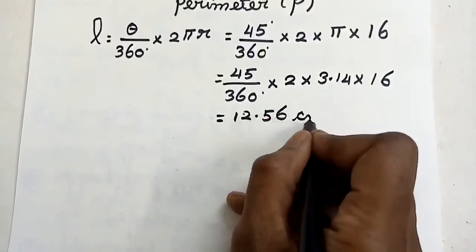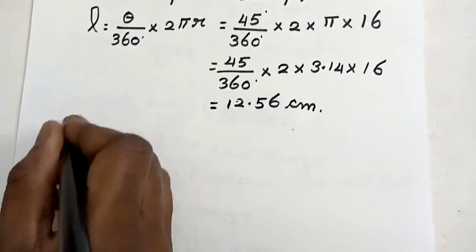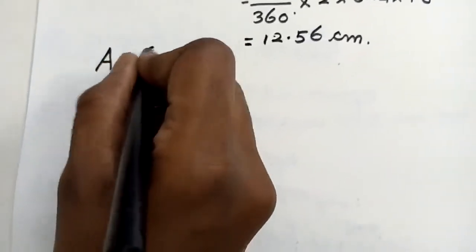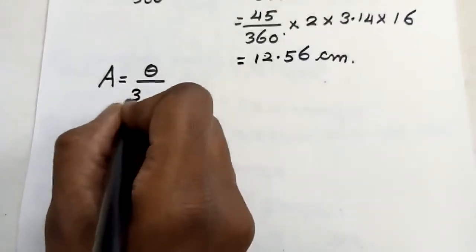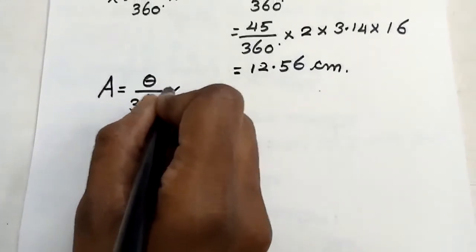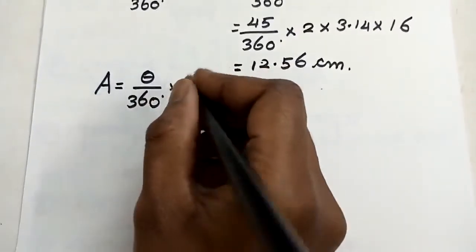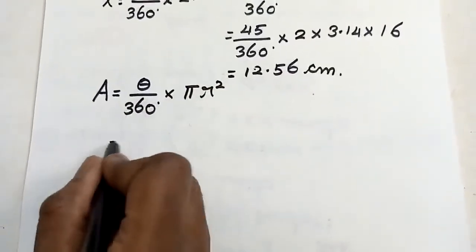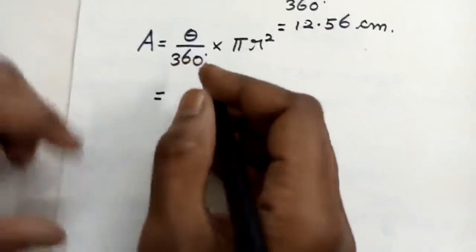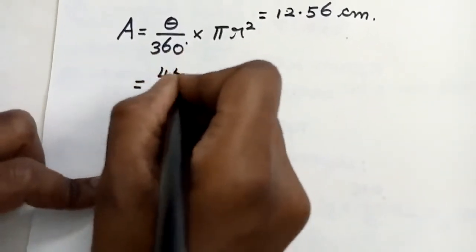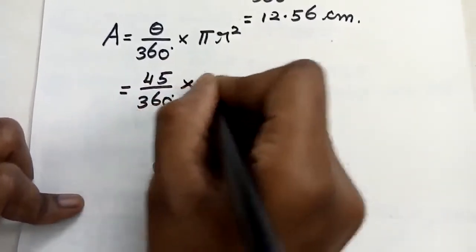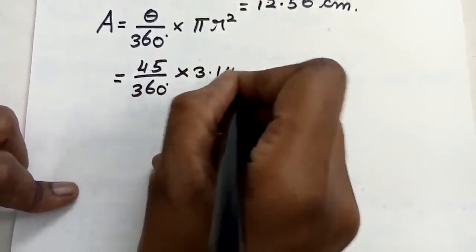12.56 centimeter. Coming to area, the formula for area is theta by 360 degree into pi r square. Similarly, again the value for theta is 45 by 360 degree into 3.14.